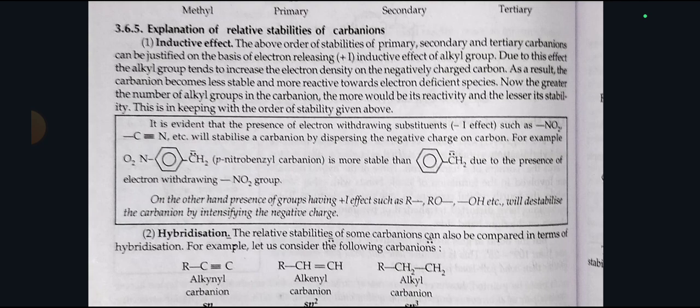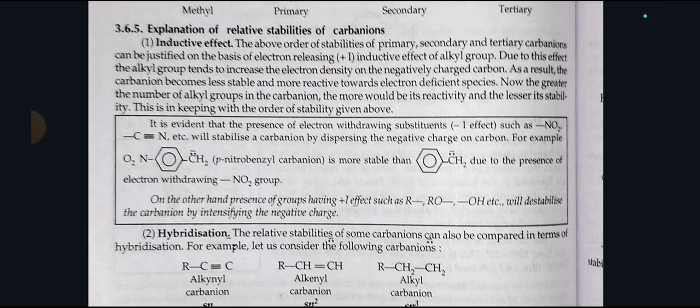3.6.5 Explanation of relative stabilities of carbanions. First, inductive effect. The above order of stability of primary, secondary, and tertiary carbanions can be justified on the basis of the electron releasing plus I inductive effect of alkyl groups. Due to this effect, the alkyl group tends to increase the electron density on the negatively charged carbon.